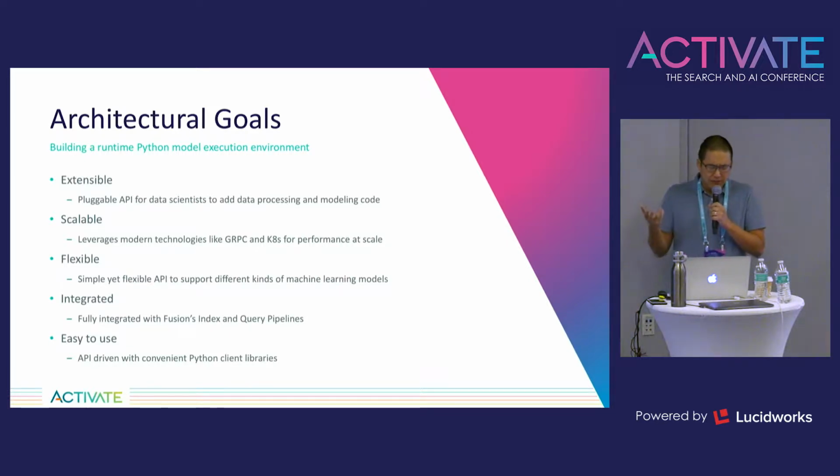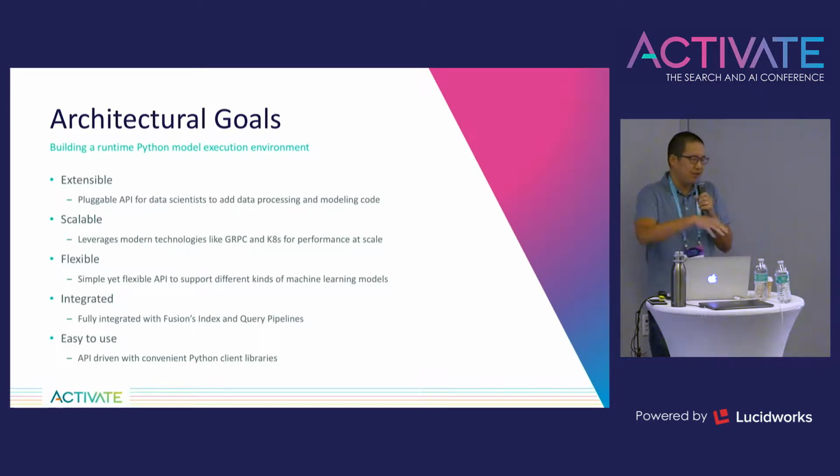Third, we want it to be flexible. The API that you would have to implement supports a lot of different kinds of machine learning models. One of the challenges of building this kind of pluggable architecture is that we need to handle the wide variety of different machine learning models that are out there, and these models have different inputs and outputs. You can have a classification model that takes in a bunch of text and returns a numeric score and a textual category.